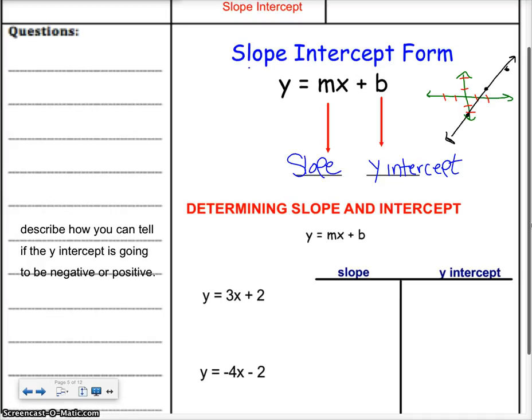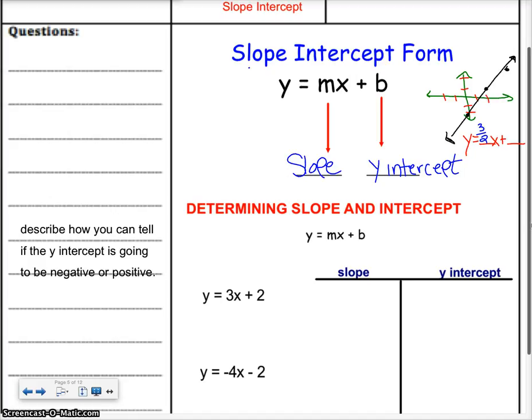So let's say that I have this line. I can create an equation. I know that the equation is y equals something times x plus something, which is my y-intercept. Slope, y-intercept. Well, what's the slope of this line? Up 3 over 2. So my slope is up 3 over 2.